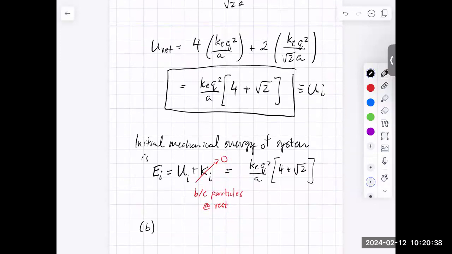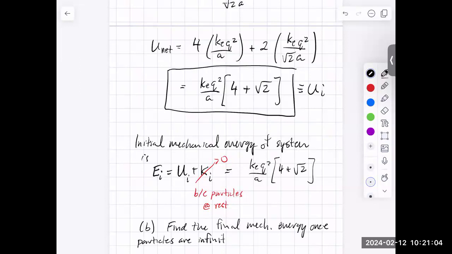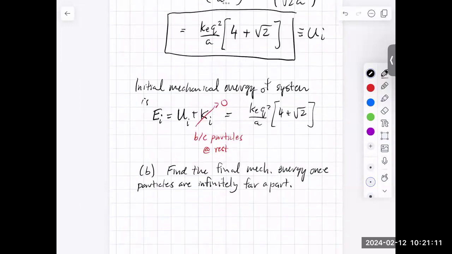So B is, let's find the final mechanical energy once the particles are infinitely far apart. Okay, once the particles are released, there's always going to be a repulsion between them, right?